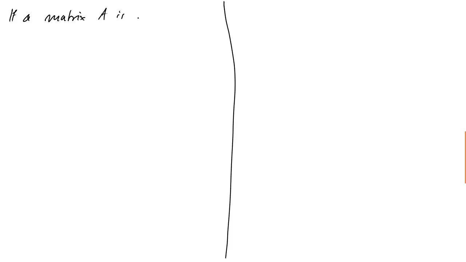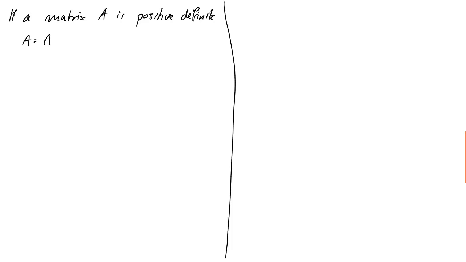Okay, so to warm up, we're going to have a bit of a look at something. Remember, in the problems class, we said if a matrix A is positive definite, a couple of things to remember.